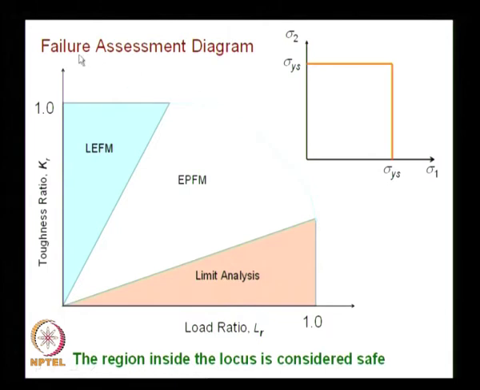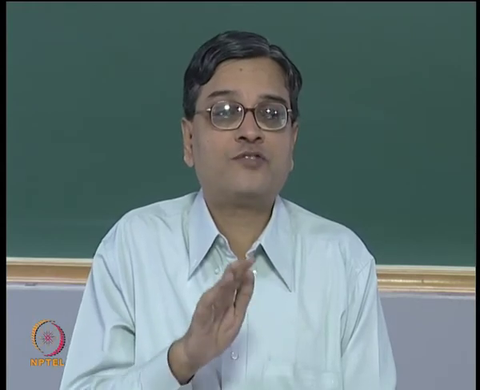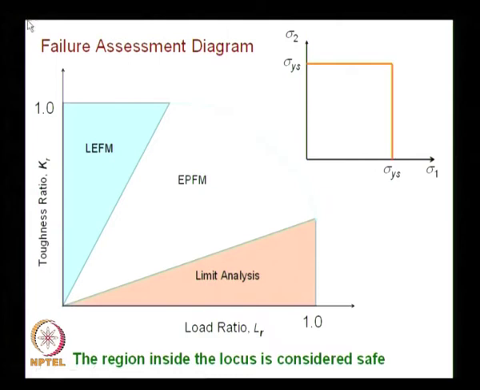So, that is where the success of the failure assessment diagram really shows, when your LEFM analysis as well as plastic collapse analysis fails. You cannot apply them individually. So, the recommendation is, do not go and apply LEFM blindly. You always fall back upon the failure assessment diagram, because it encompasses LEFM, EPFM as well as limit analysis.